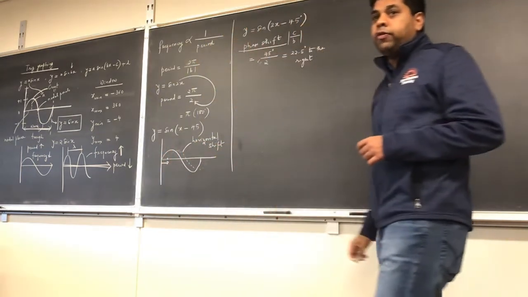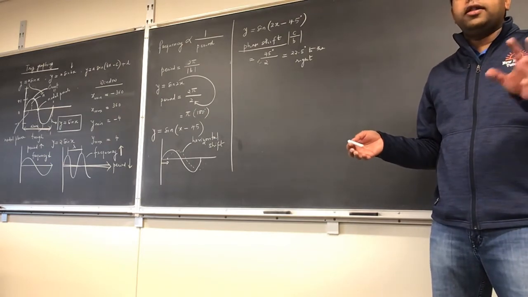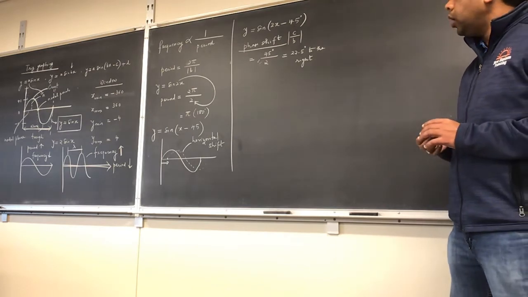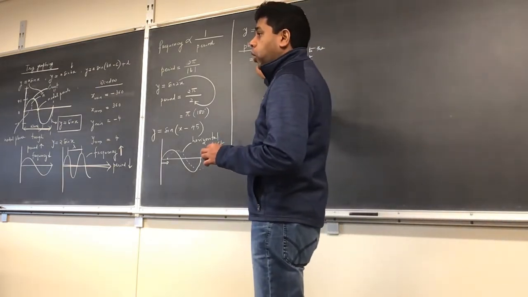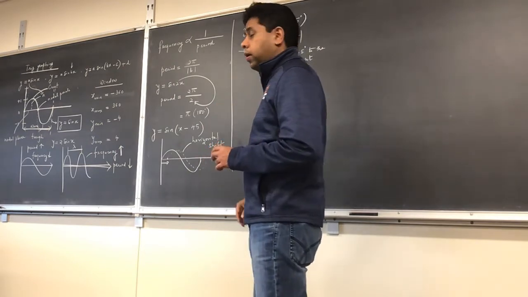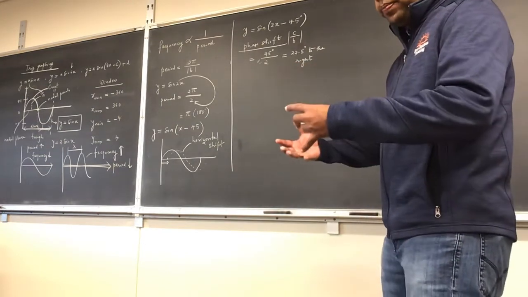So if they ask you to do the phase shift, it includes two things: a period change, and a horizontal shift change. Making sense? I expect these two questions to be very likely questions. Cool? Are you guys making sense?